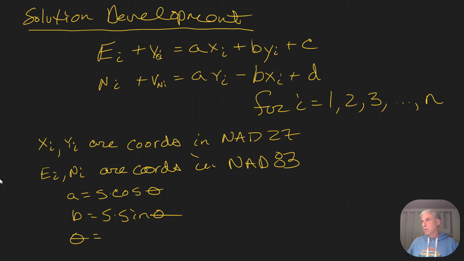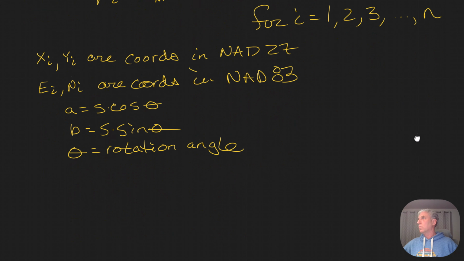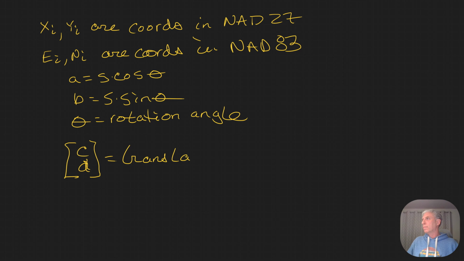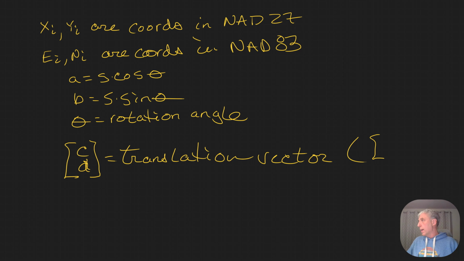Theta is the rotation angle. C and D are components of the translation vector, which previously we used Tx and Ty prime.